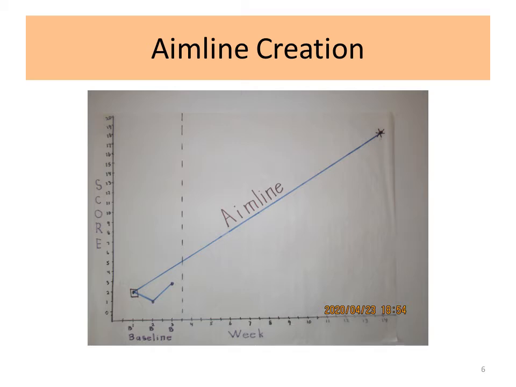Now, look what I'm going to do with that baseline and what I want my student to be able to do by 14 weeks. That's called the aim line that we are going to draw now. Take a look at the baseline and you take the middle ranking number.